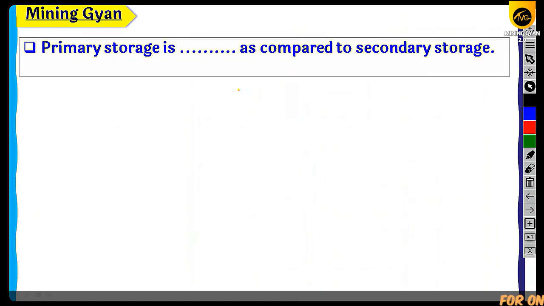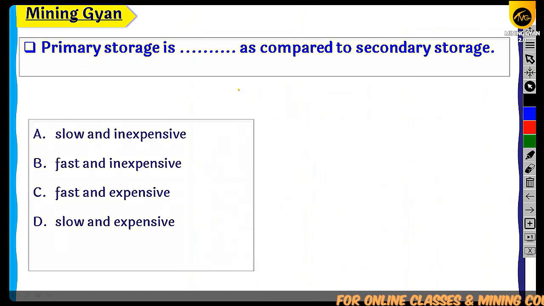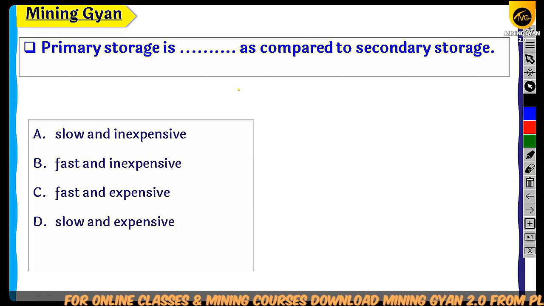Okay, next question. Primary storage is blank as compared to secondary storage.